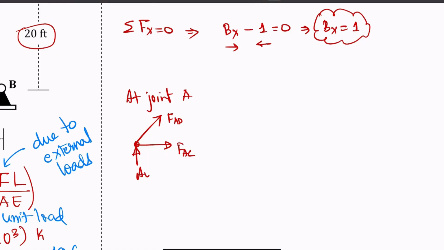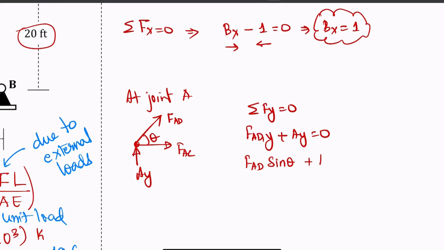And this will be your Ay. So if we take, and this is theta, the summation of all Fy equal to 0, we'll have the FAD y component plus Ay equal to 0. So FAD sine theta plus Ay is equal to 0.